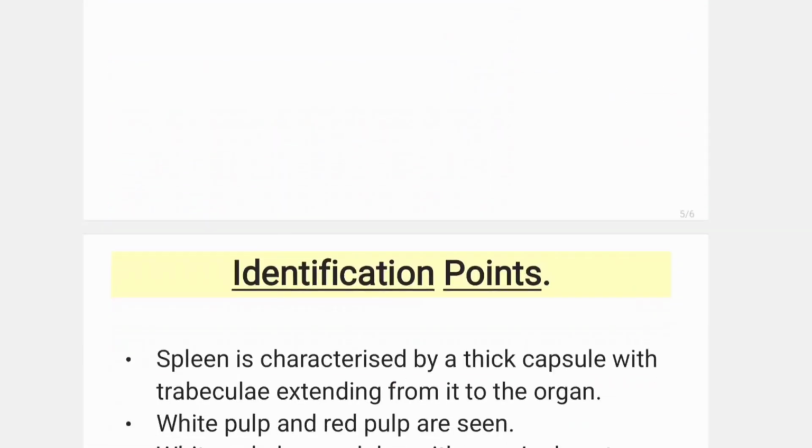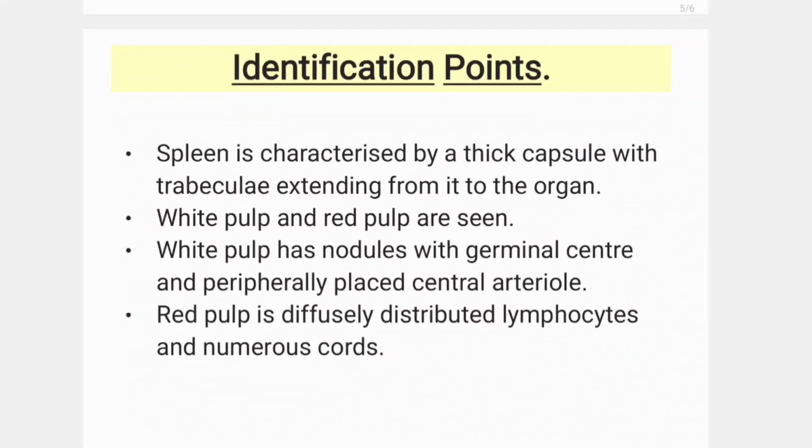Now we will move towards the identification points. Spleen is characterized by a thick capsule with trabeculae extending from it into the substance of the organ. Now we will see the white pulp and red pulp when we see the slide of spleen.